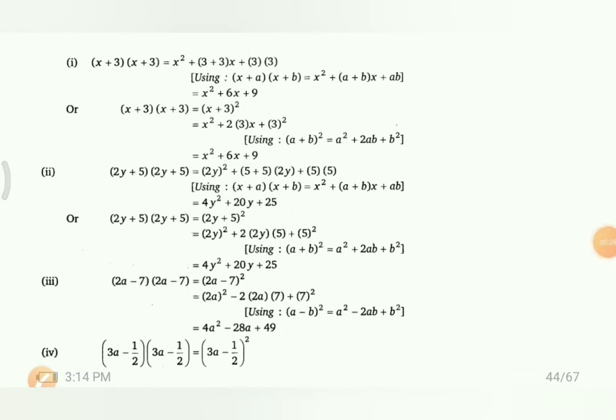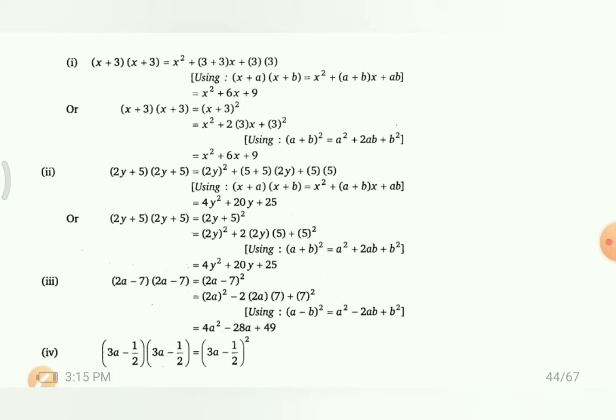So you can see the formula. Now what is the formula? A plus b the whole square is a square plus 2ab plus b square. Here a is what? x.